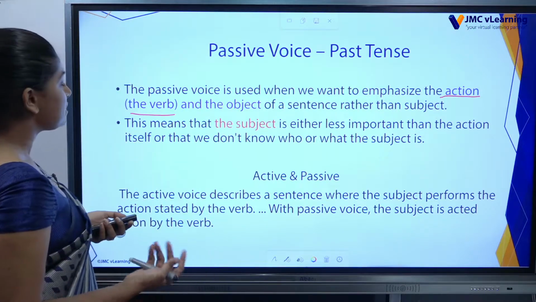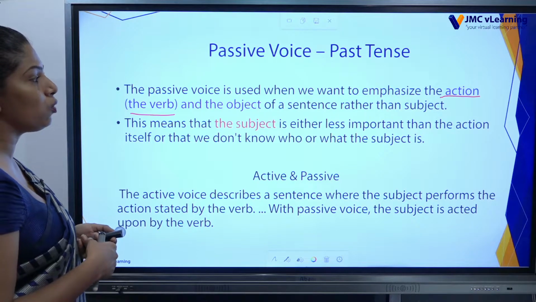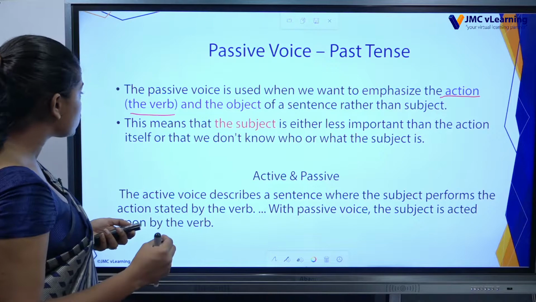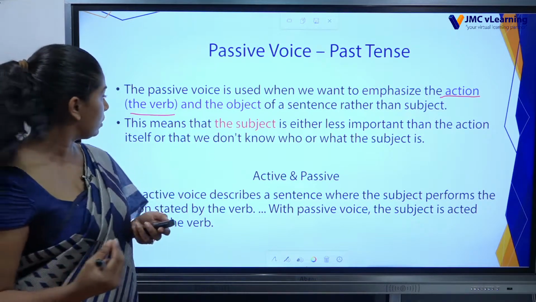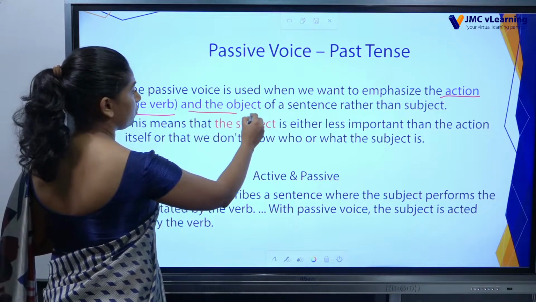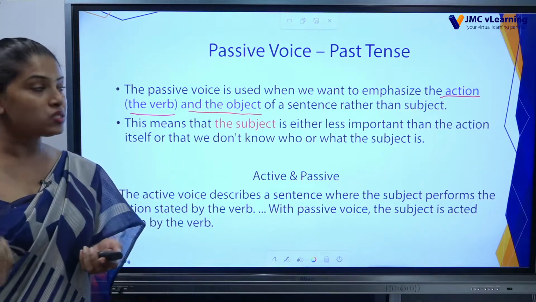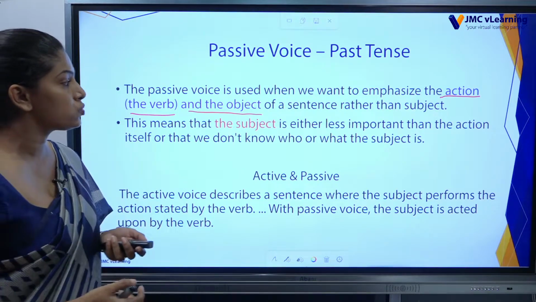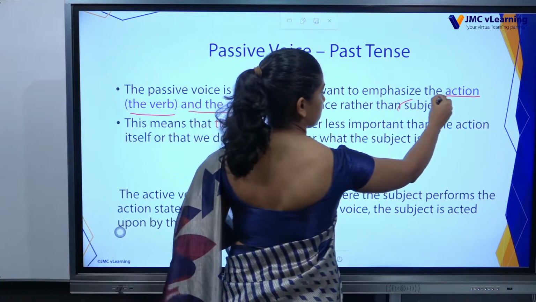So the passive voice is used when we want to emphasize the action, or we can say the verb and the object. Not only the action, the object as well. The action, the verb and the object of a sentence, rather than the subject.